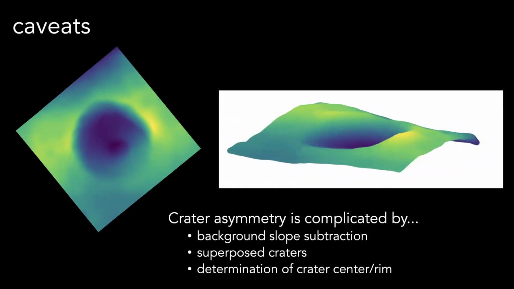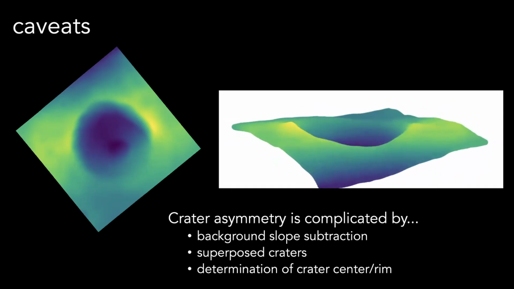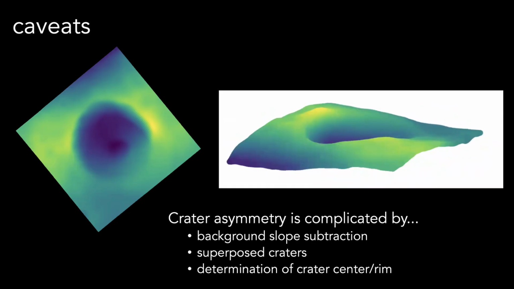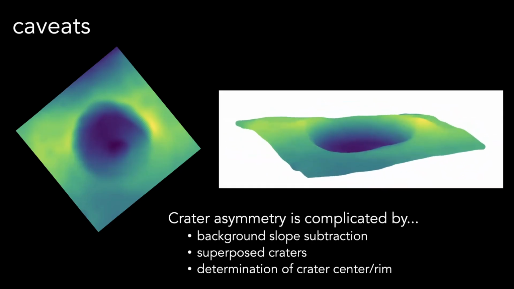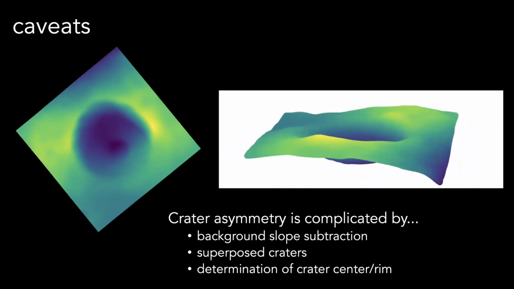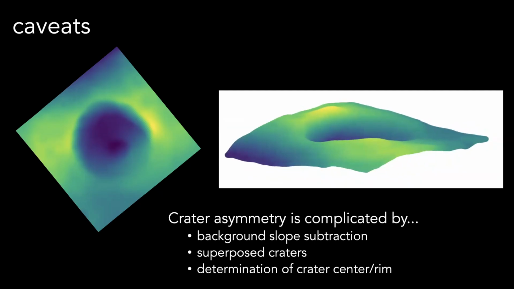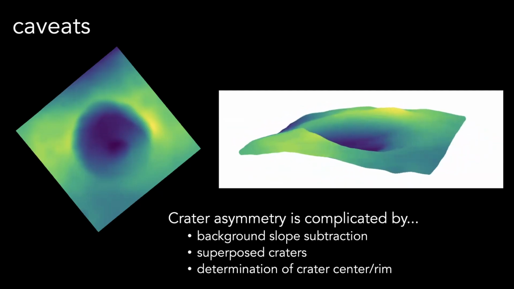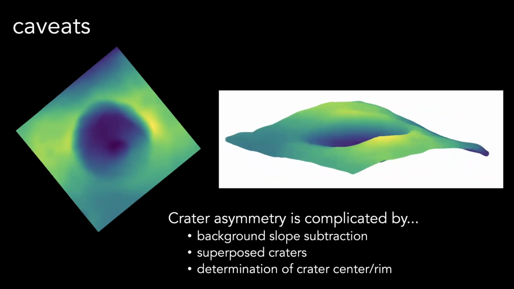They are heavily degraded, and the polar regions of Ceres are very rugged and heavily cratered. So this is challenging, and there's lots of superimposed topography. You can see in this one what looks like probably a crater formed in the center of this crater. And all of these geologic processes that are not related to volatiles can affect the asymmetry of a crater. So that's definitely something that we have to account for.